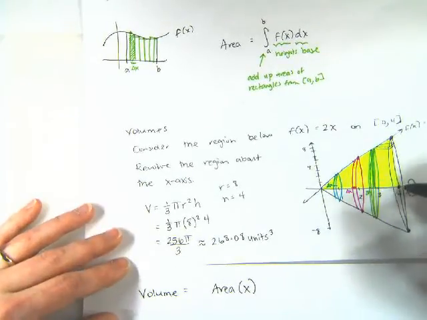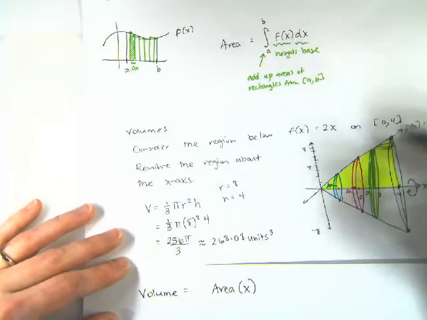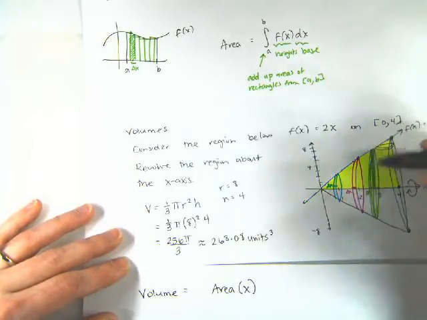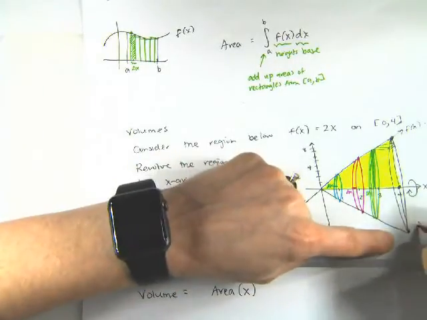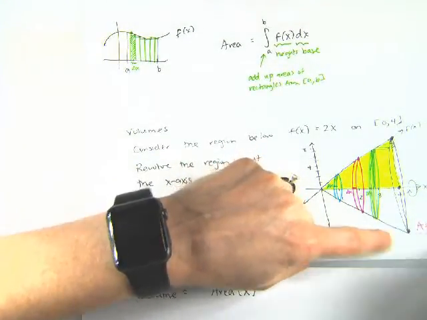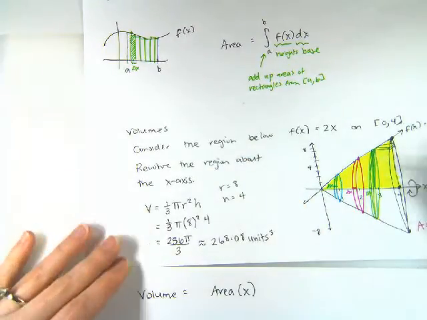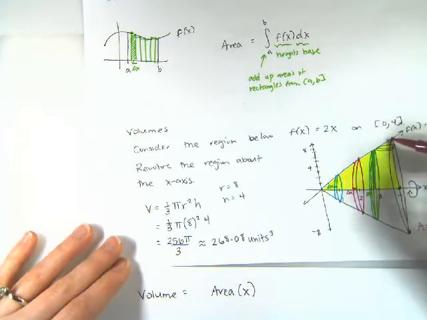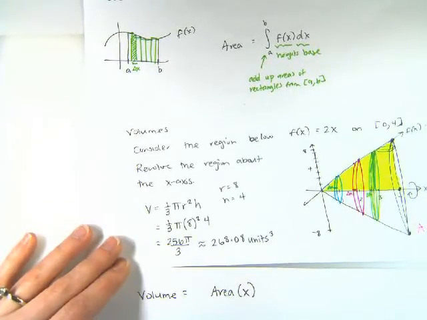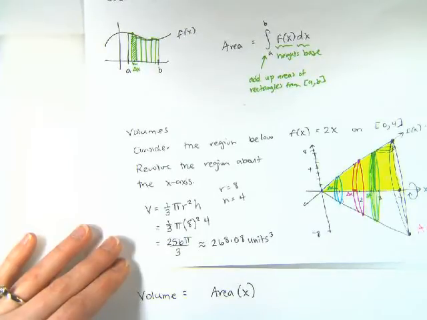For example, if I put my cross-section at 4, all of these are circular, aren't they? How do I find the area of a circle? Pi r squared. Okay, so if I put a cross-section at 4, then my area at that point would be pi 4 squared, so 16 pi, times some width, which we're just going to call delta x for right now.